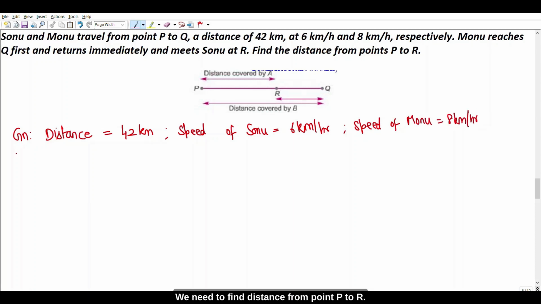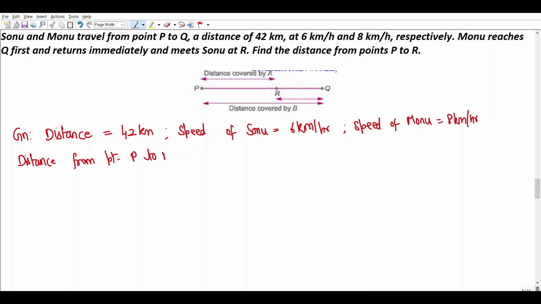We need to find the distance from point P to R. So from the question we can see that Mono travels quicker when compared to Sono. Therefore, Mono first covers the distance PQ and then returns from Q to the point R where he meets Sono.